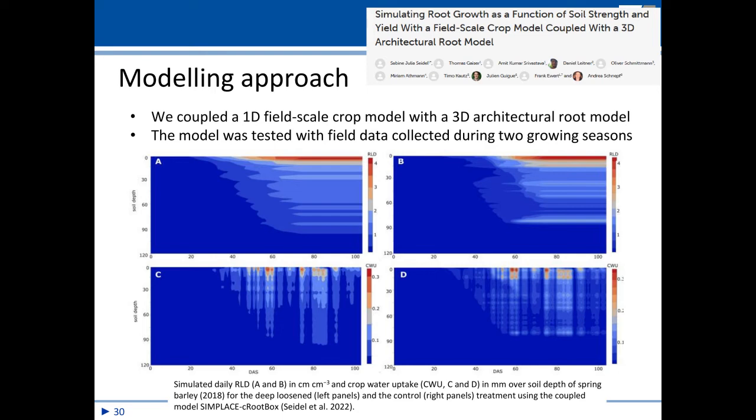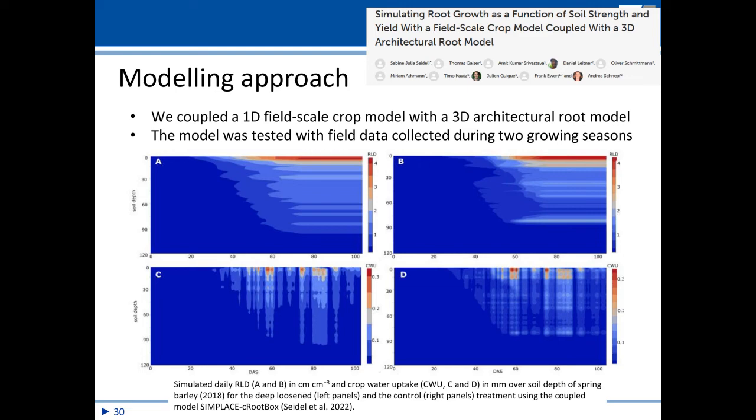The 2 bottom panels show the simulated crop water uptake over soil depth and over time. And as you can see, the water uptake was lower in the control because of the soil compaction. And this soil compaction, or rather enhanced soil bulk density, decreased the root growth.